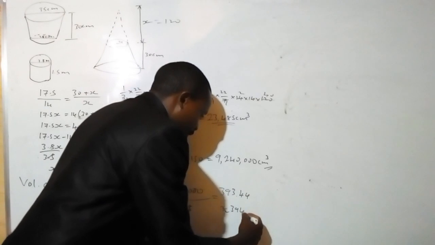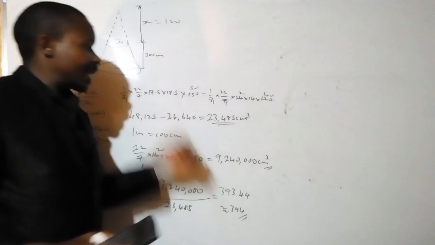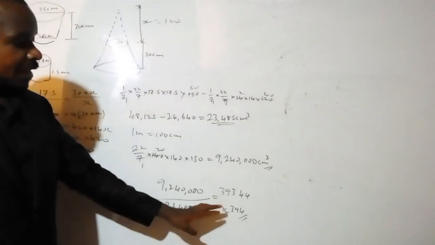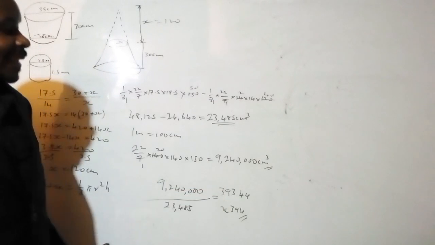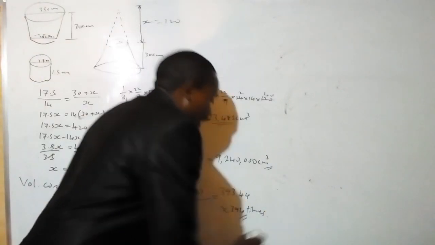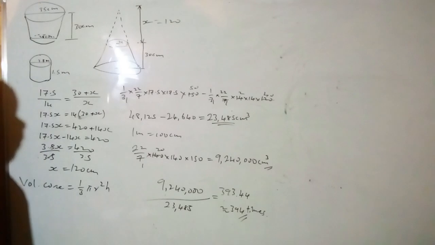So this bucket will draw this volume of water 394 times. That's how you are supposed to do that question for you to score 10 marks.